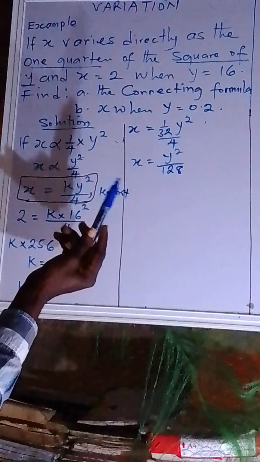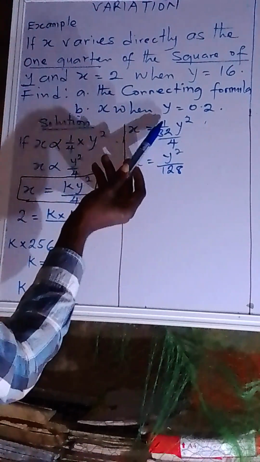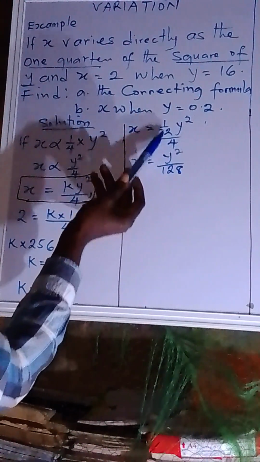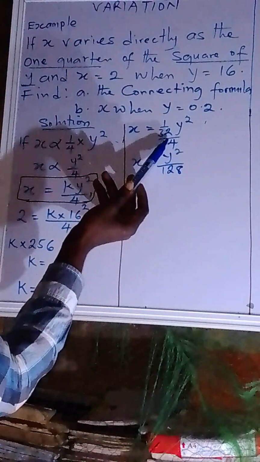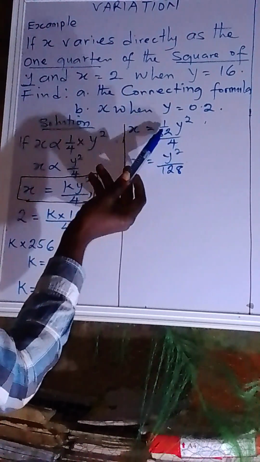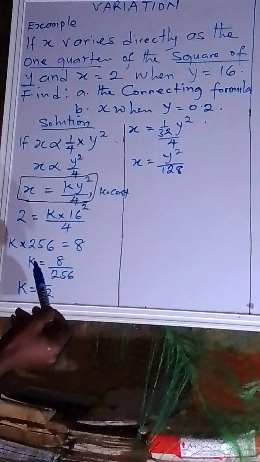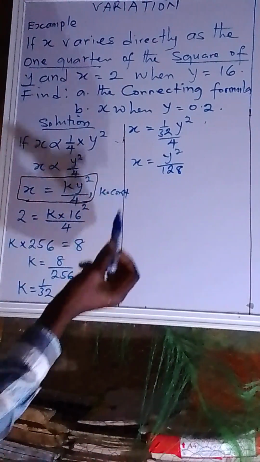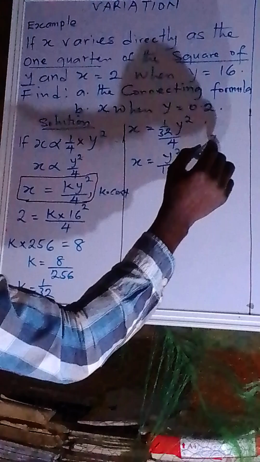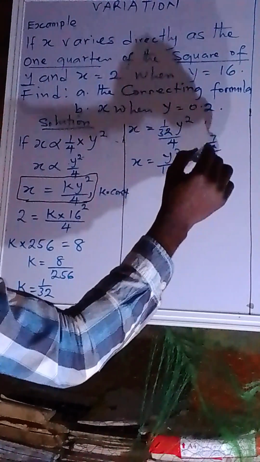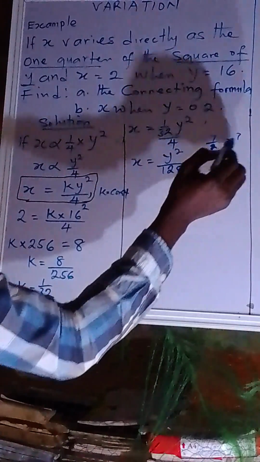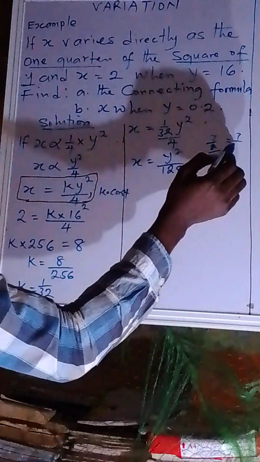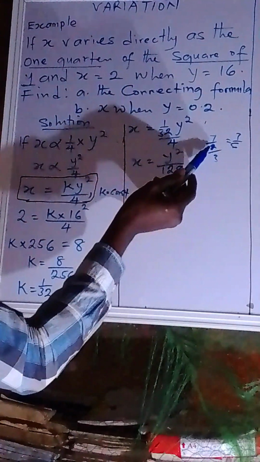This is a fraction, 1 over 32. So when you are dividing a fraction by a whole number, that whole number will multiply itself with the denominator. So you have to get used to it. So if I have 7 over 2 divided by 3, this 3 will just multiply. The answer is going to be 7 over 6.